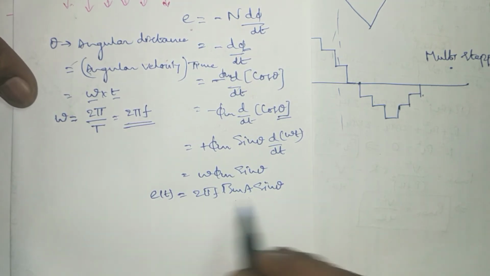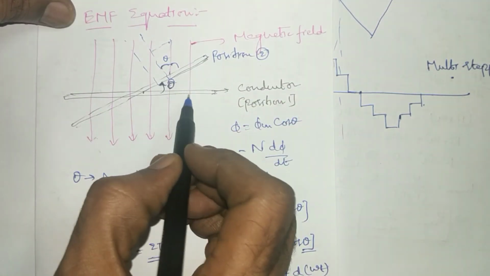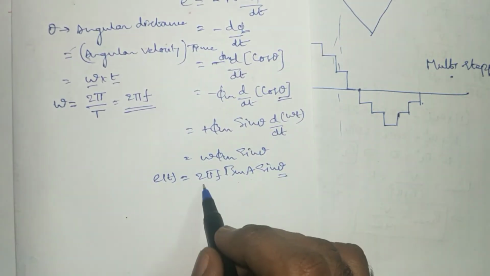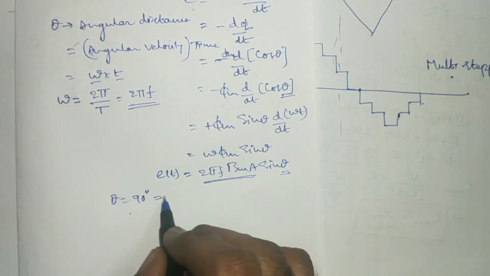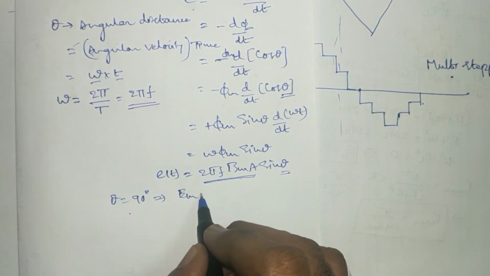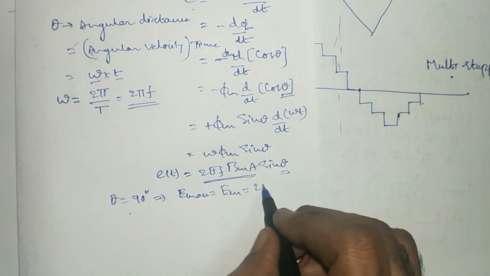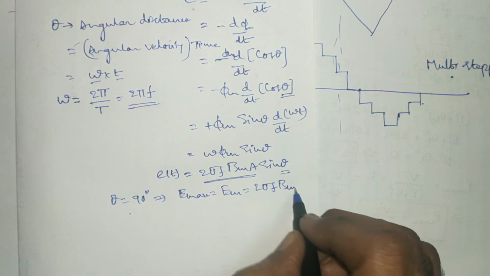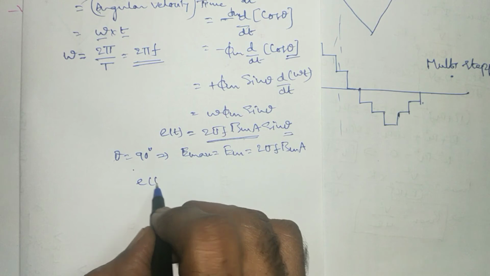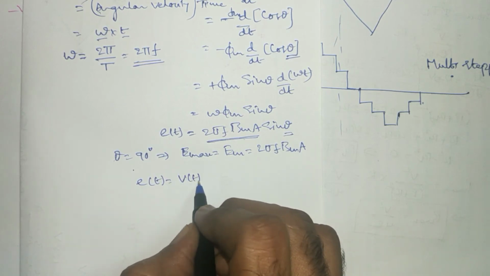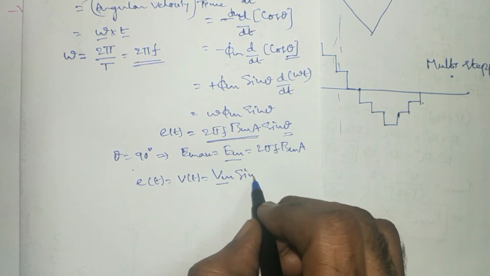Now if you consider theta equal to 90 degrees, so when you move this coil from position 0 to 90 degrees, we are going to have the maximum value of induced EMF. So when theta becomes equal to 90 degrees, we have Emax, the maximum value of induced EMF, which is represented by Em, equal to 2 pi f into Bm into A. Hence, the equation for voltage v of t is equal to Vm, where Em is considered as Vm, into sine theta.